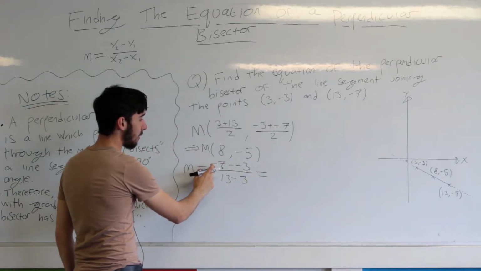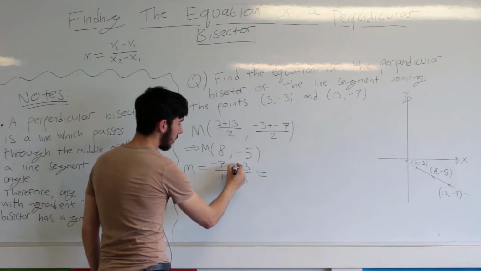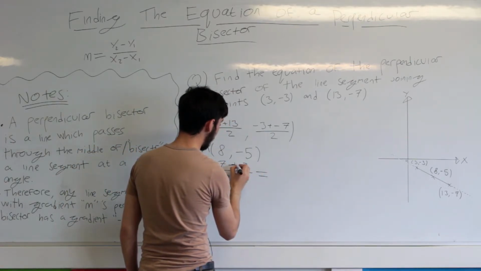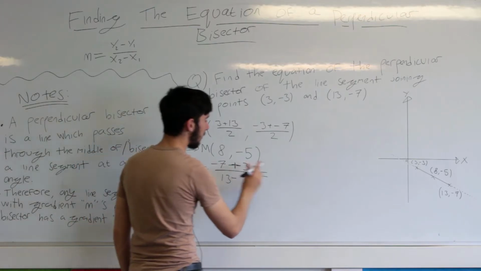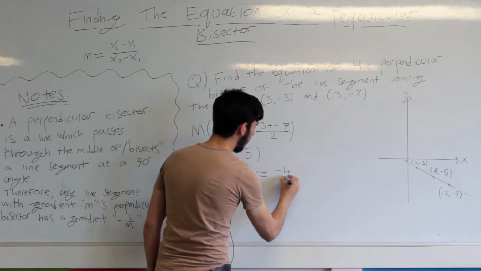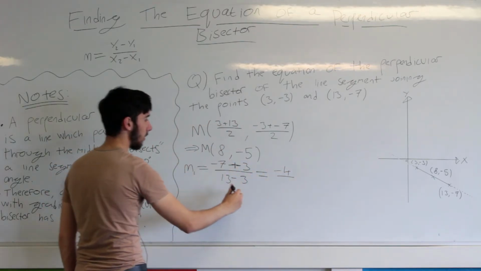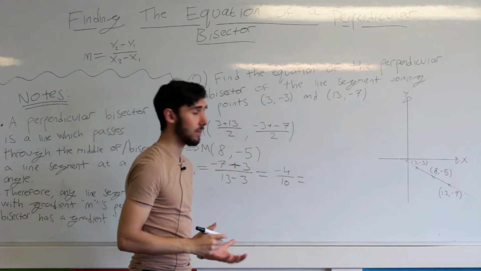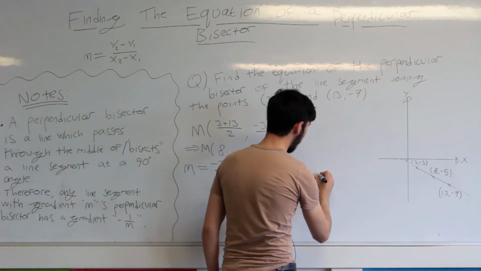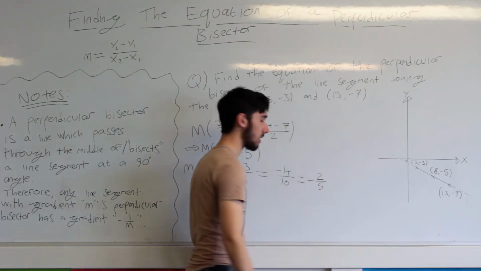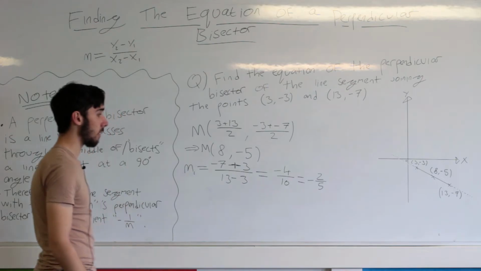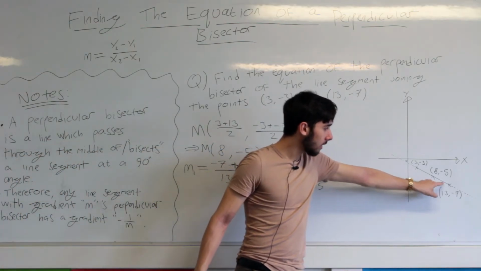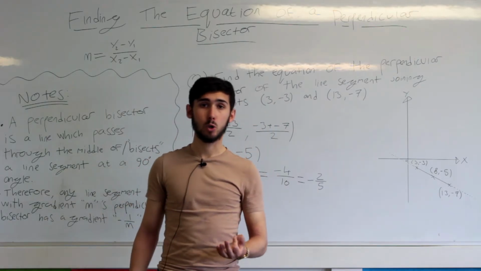And then we have minus 7, minus minus turns into a plus. So this is minus 7 plus 3, if that's clear. And that ends up being minus 4. And that's being divided by 13 minus 3, which is 10. And that simplifies, minus 4/10 simplifies to minus 2/5, doesn't it? Just dividing the top and the bottom by 2. The gradient of the original line, this one, is therefore negative 2/5.